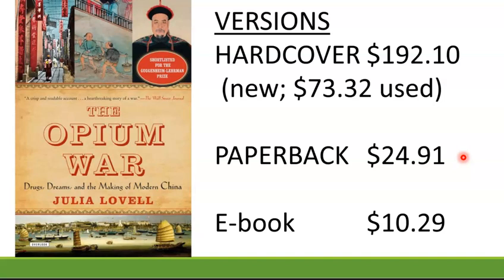Often you may have noticed that hardcover books come out before the paperback book does. So sometimes you may have to wait a year or more before the paperback book comes out. So if you want the book right away, you'll have to pay a higher price.